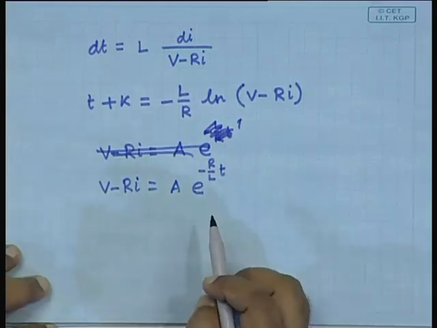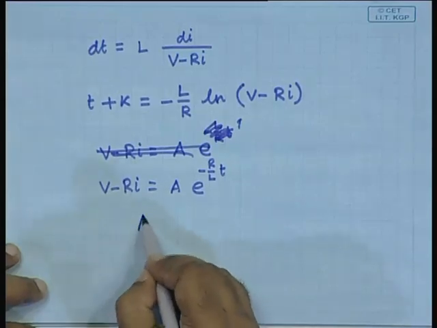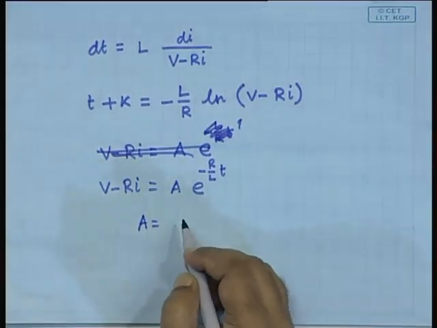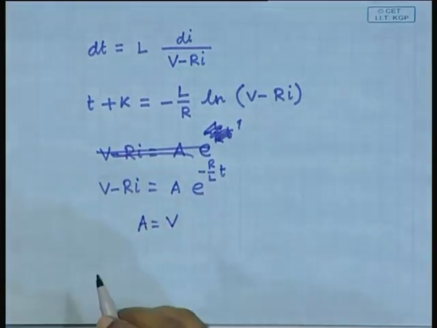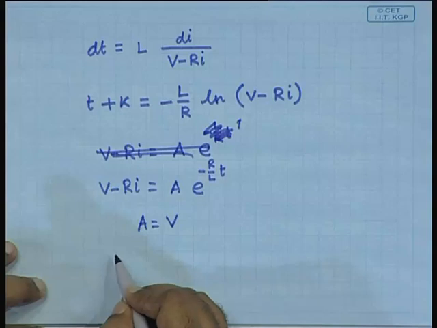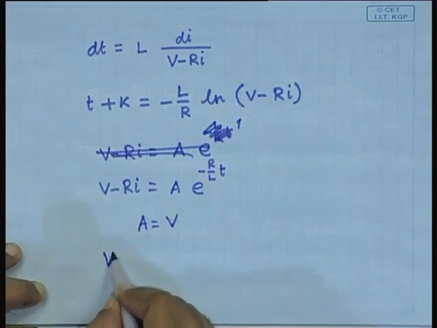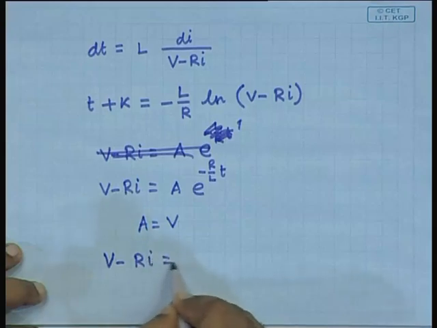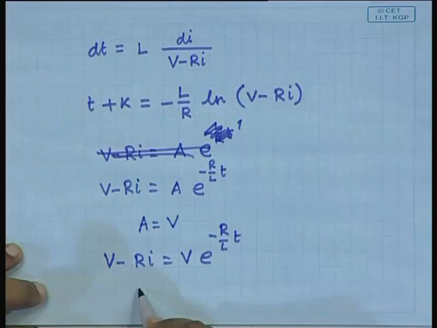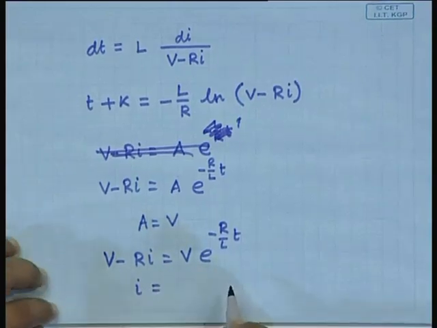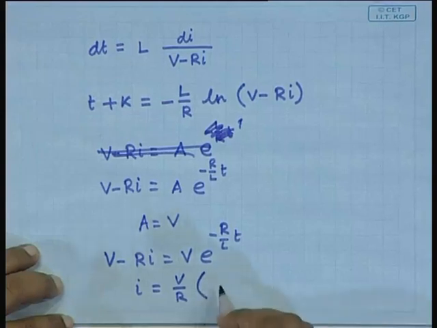So A is V. So the solution becomes I is equal to V by R times 1 minus e to the power minus R by L t, is it visible?